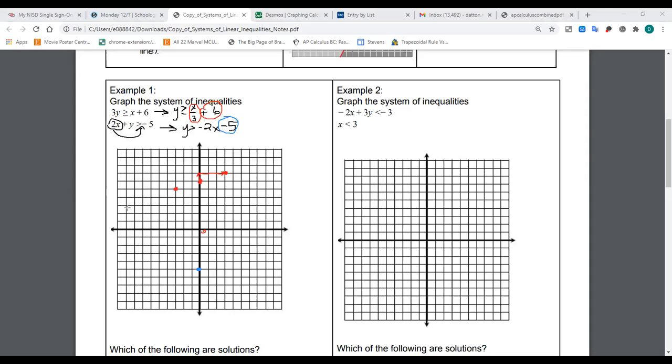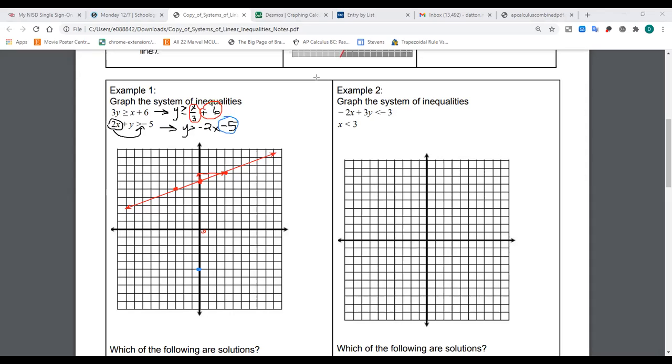So I draw a line through here, and that's my first line, y greater than or equal to x over 3 plus 6. That's what this one is.